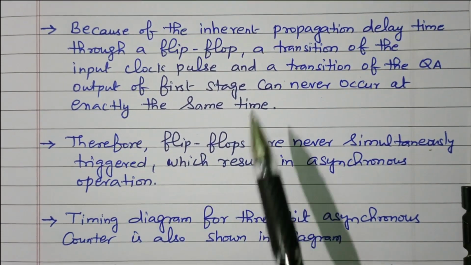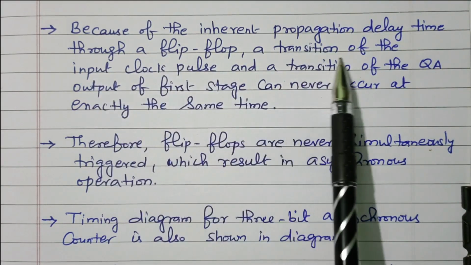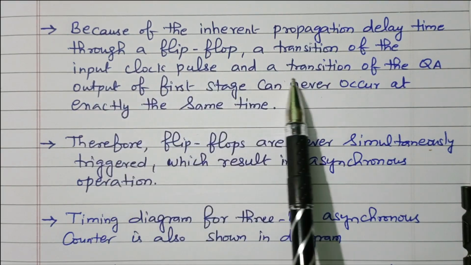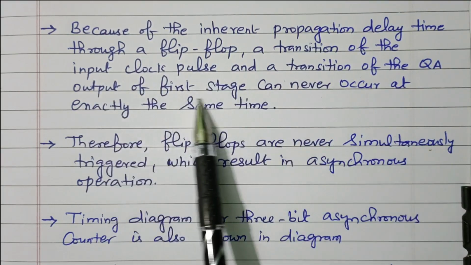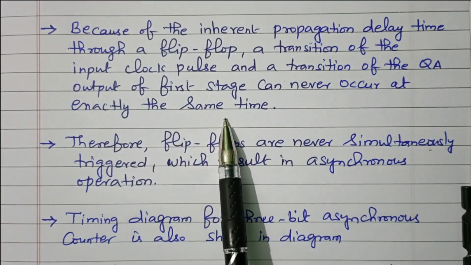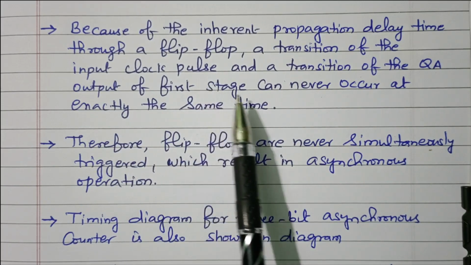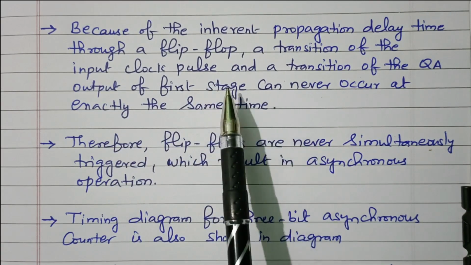Because of the inherent propagation delay time through a flip-flop, a transition of the input clock pulse and a transition of the QA output can never occur exactly at the same time. So the first flip-flop depends upon the clock pulse. The second flip-flop depends upon the output from the first flip-flop.